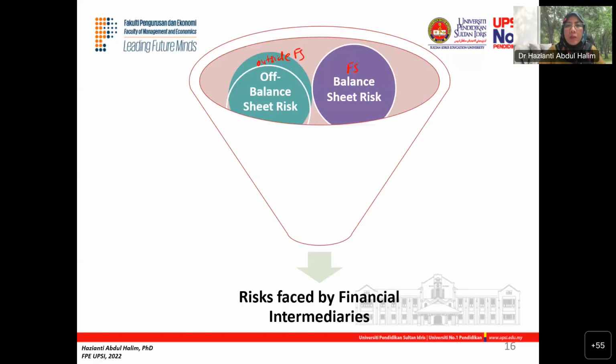All right, we can distinguish the risk faced by financial intermediaries by focusing on what we call off-balance sheet risk. The other one is balance sheet risk. The balance sheet is a financial statement of financial position. So when we call it balance sheet risk, we are talking about all the information included in the balance sheet.